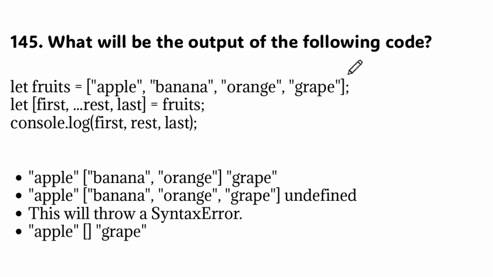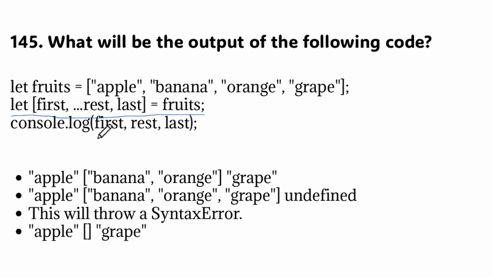Another question: what will be the output of the following code? There is an array declared with the name fruits and given 4 strings: apple, banana, orange and grape. I have used a destructure method again here. I have used the first part, which is the apple string, and we have discussed the rest: three dots rest means it will take the rest of the elements inside the array, and the last part, last, will take grape, and fruits is the array name.